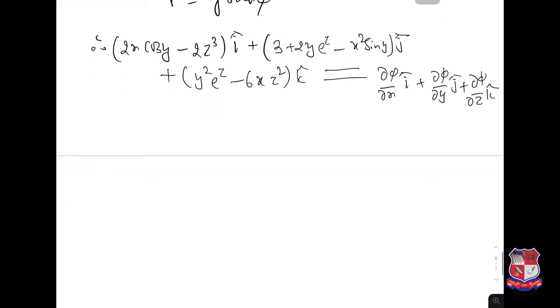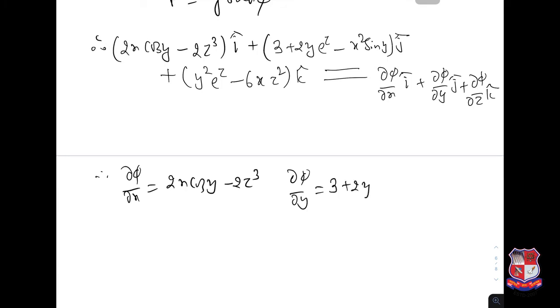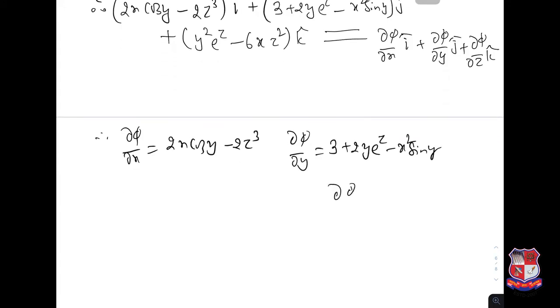Now we apply simple method here. So if you compare, we'll get del phi by del x as 2x cosine y minus 2z cube. Del phi by del y is second component 3 plus 2y e power z minus x square sine y, and del phi by del z is y square e power z minus 6x z square.